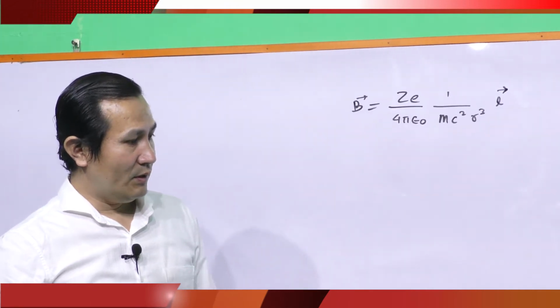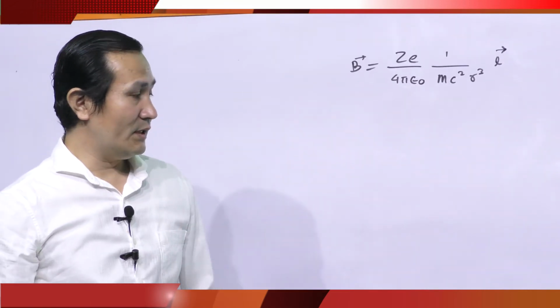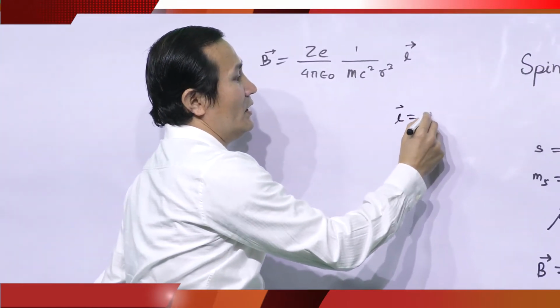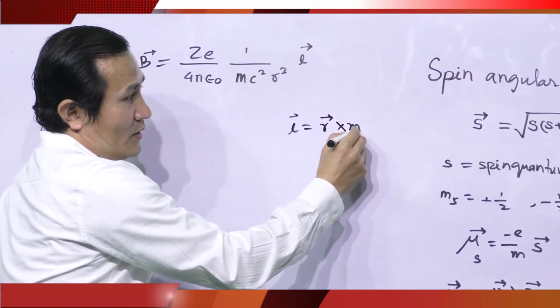What I am recalling is that in this vector L, we are using the classical mechanics definition, r cross mass times velocity.